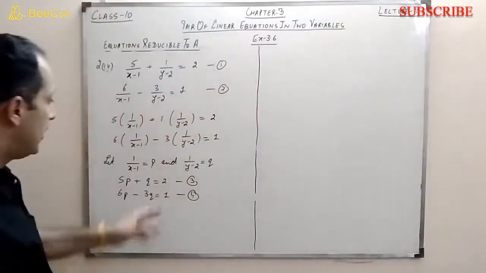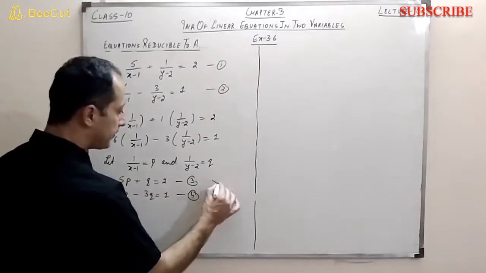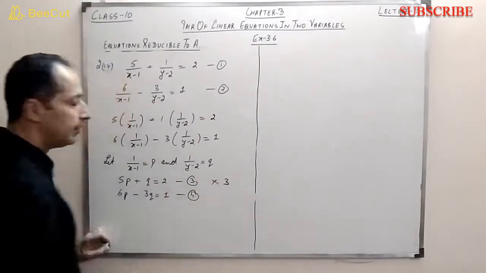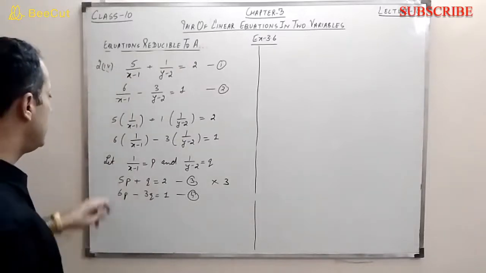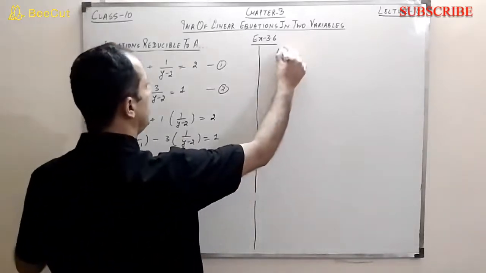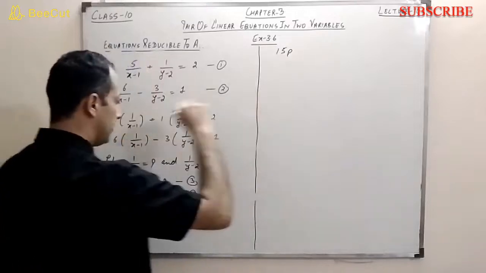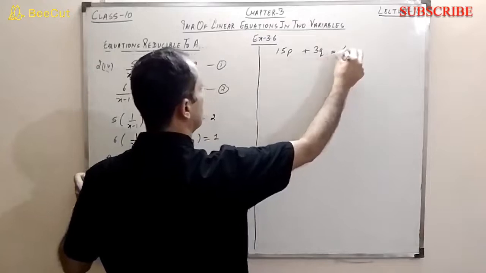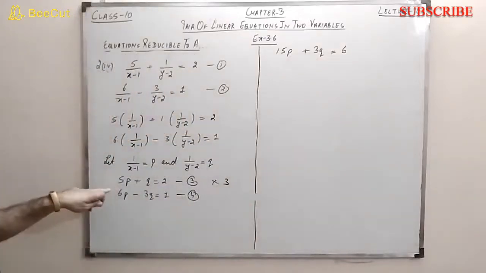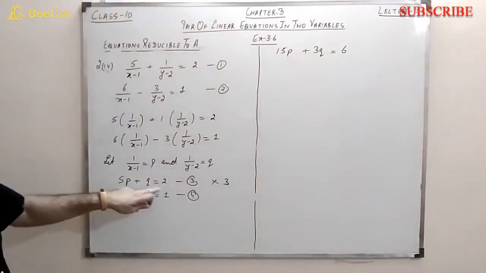Now what I do, I multiply the third equation by 3 and then add these two. So when I multiply, I get 15p plus 3q equals 6. 15p plus 3q equals 6.